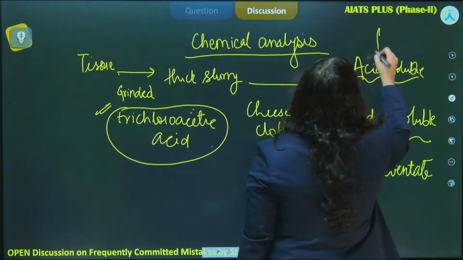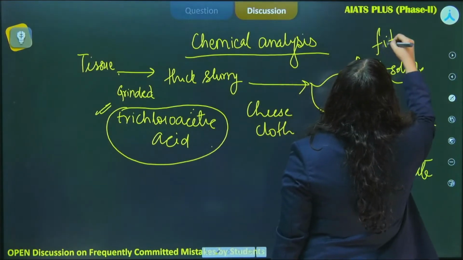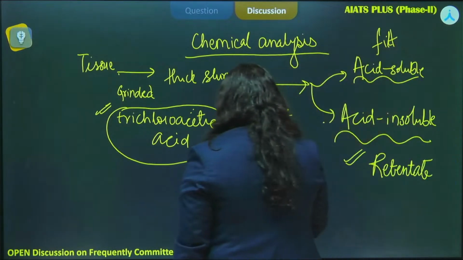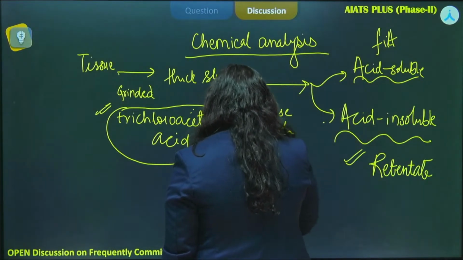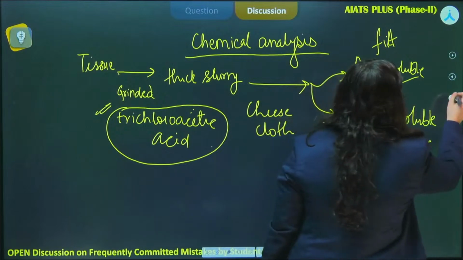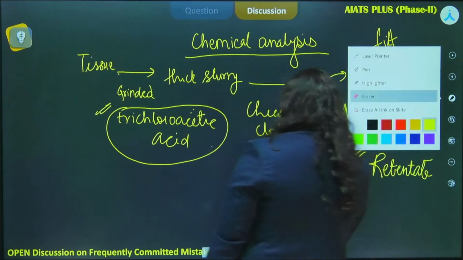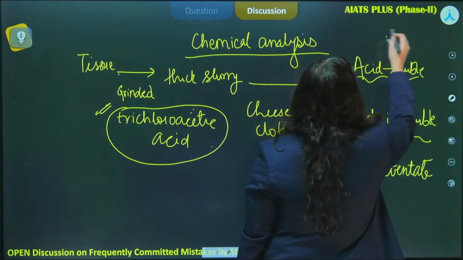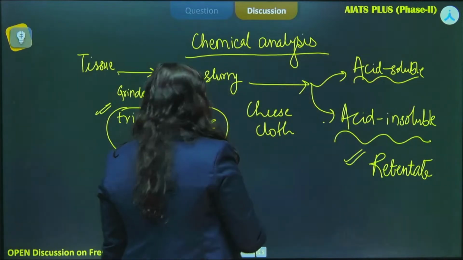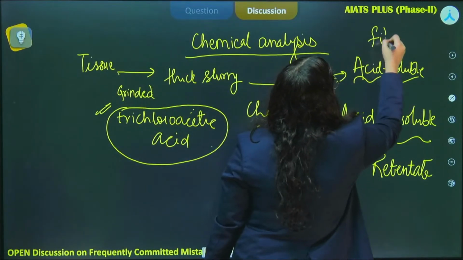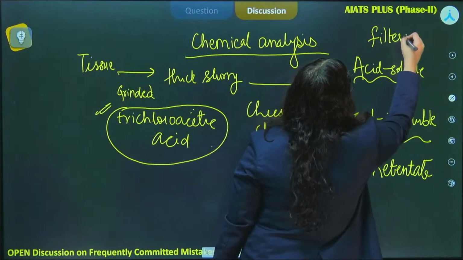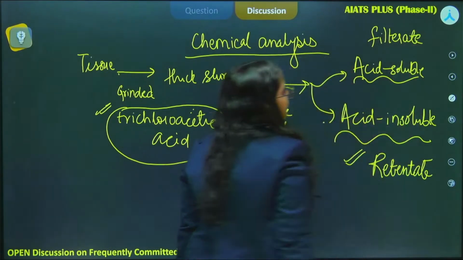and the filtrate. The retentate and the filtrate. All these terms are mentioned in the NCERT, and questions are often asked around these terminologies. So it is important that we are clear with these small definitions. This is called the filtrate.